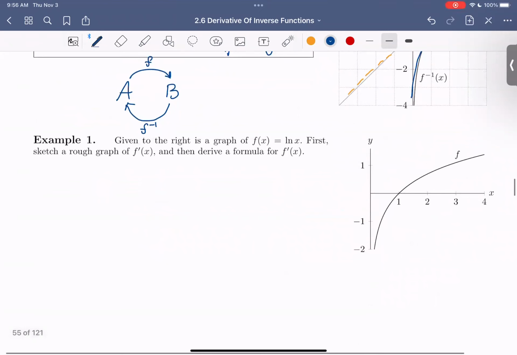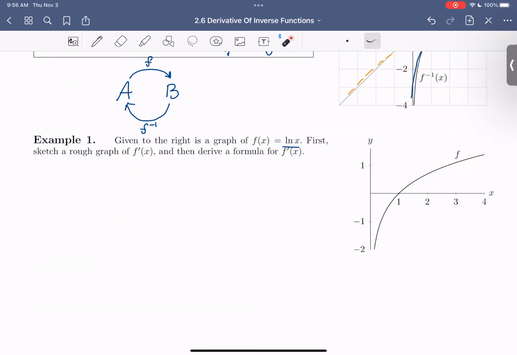So let's take a look at example 1. Given to the right is a graph of the function ln of x, so the natural log of x. First, we're asked to draw a sketch of a rough graph of f prime of x, the derivative, and then derive the formula for this derivative. So what I'd like you to do is pause the video right now, and using this graph of f, see if you can sketch in what you think the derivative should look like.